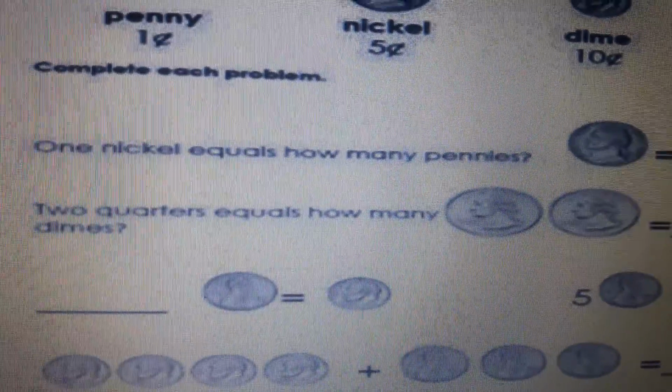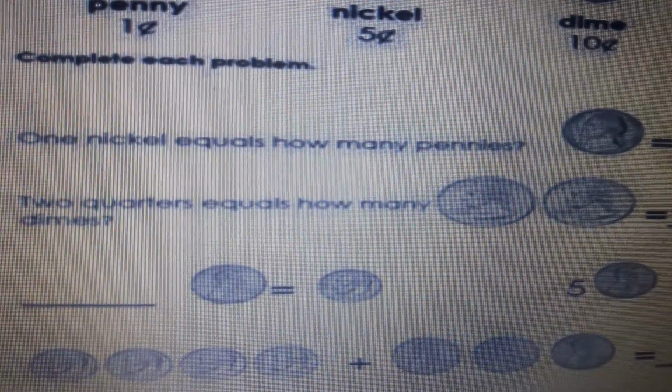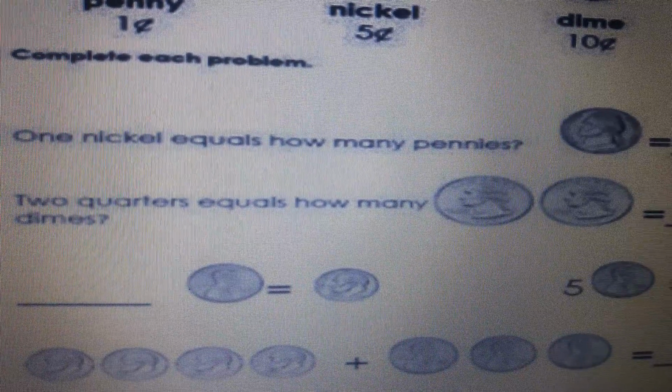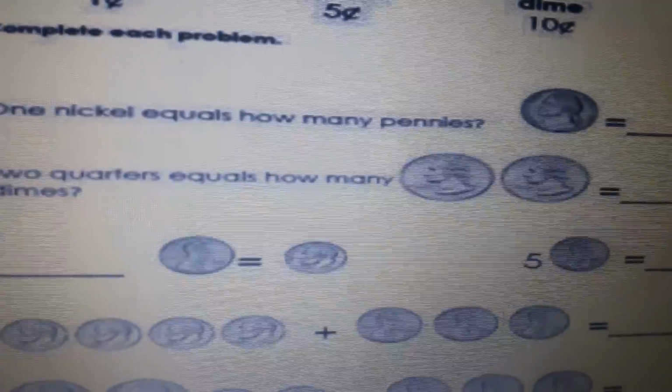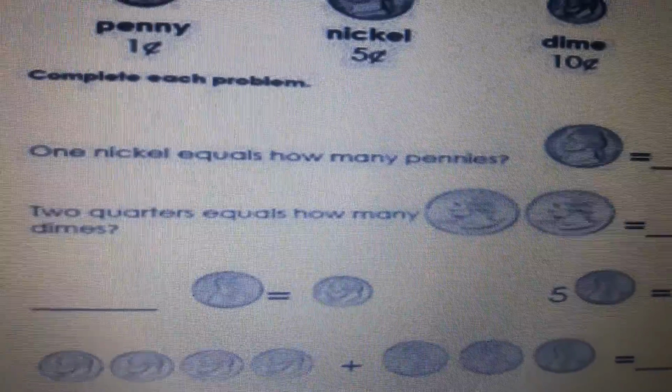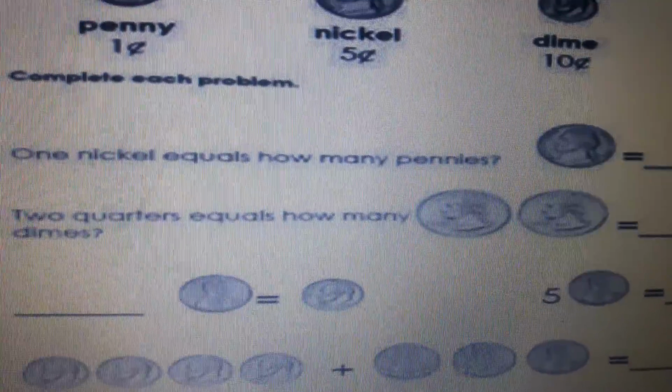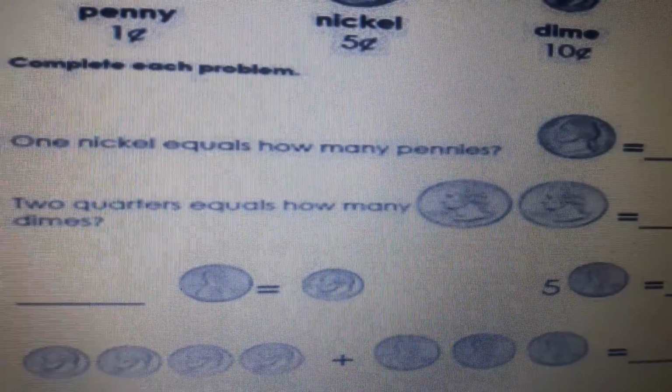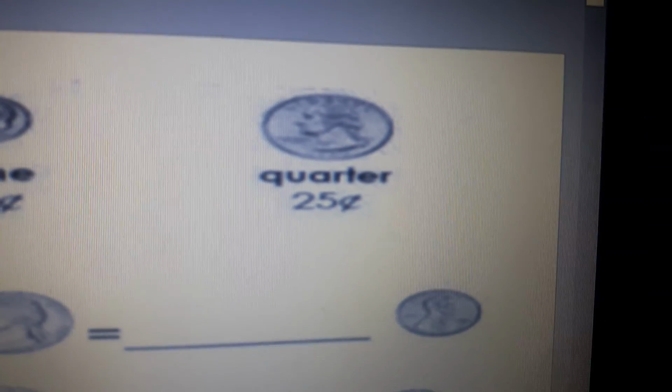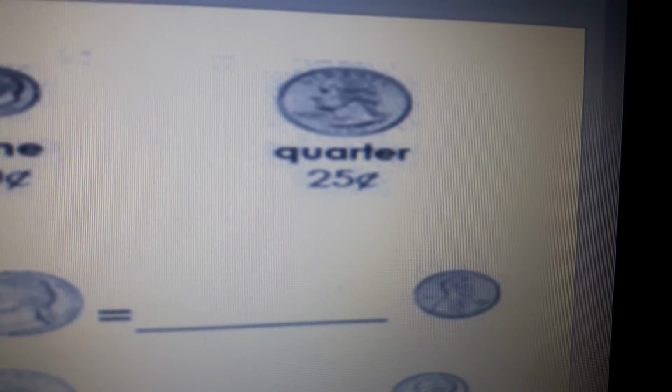Let's move to the second part. We have 2 quarters. He wanted me to know how many dimes that equals. Let's calculate and return to the quarter. It equals 25. So 2 quarters means 25 plus 25 equals 50.